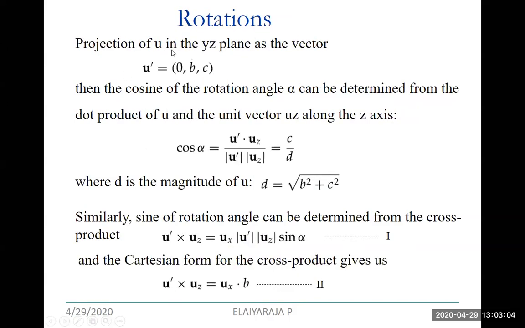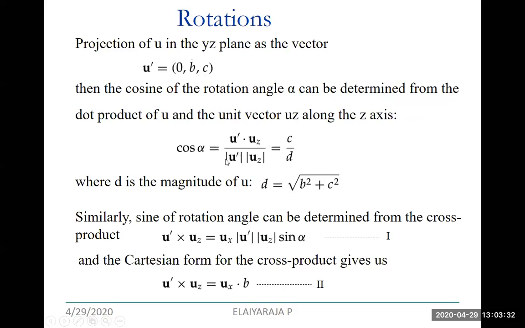So the projection of u in the yz plane as the vector u dash is equal to, if it is the yz plane, obviously your x value is going to be 0, then the y value b and z value c. So the unit vector initially is a comma b comma c, right? Here the x value is going to be 0 with respect to the yz plane.